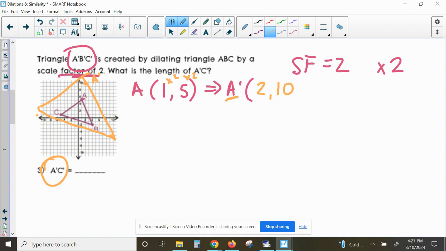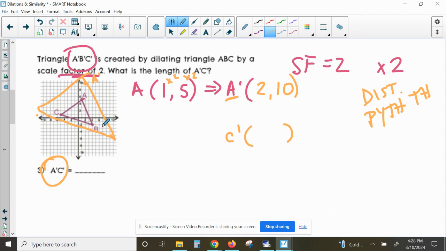So we have to go between A prime and C prime, and get those coordinates. And remember, you can do two things. You could do the distance formula, or you can do the Pythagorean theorem to find the distance between 2 points. Because clearly the line between A and C is going to be a diagonal line, so we cannot count bubbles. Okay, so that is one method.